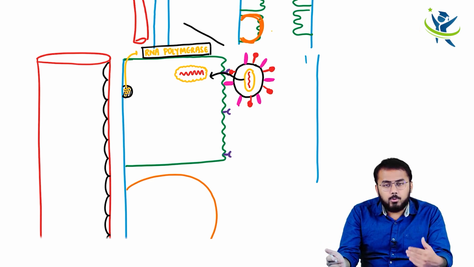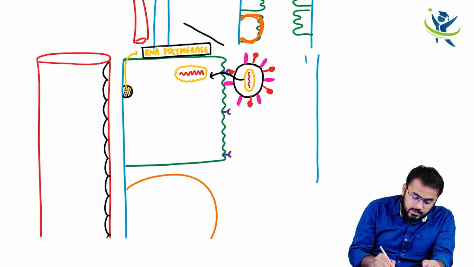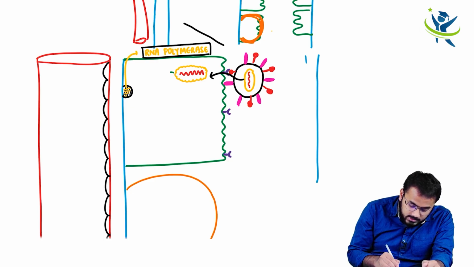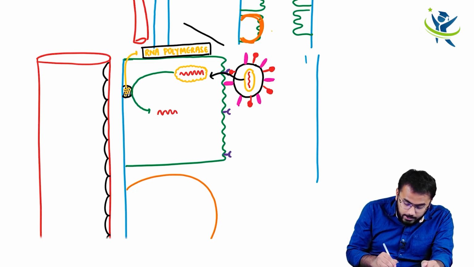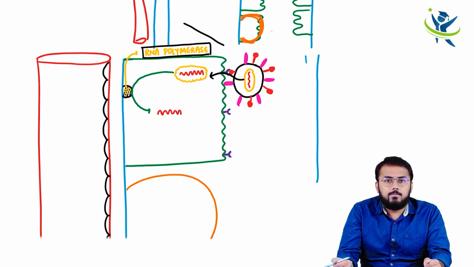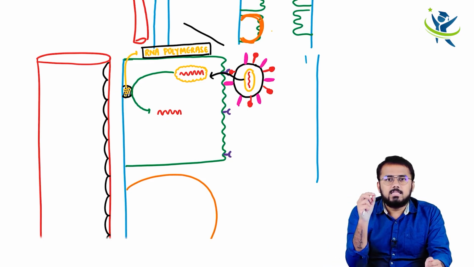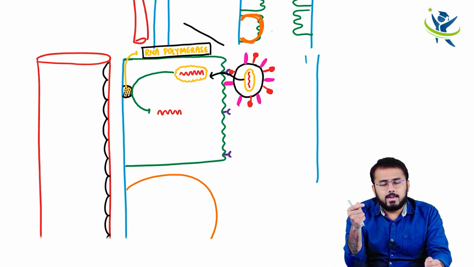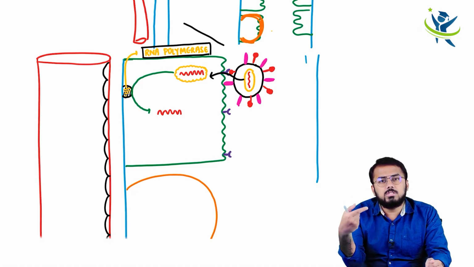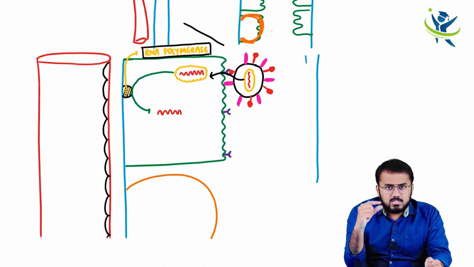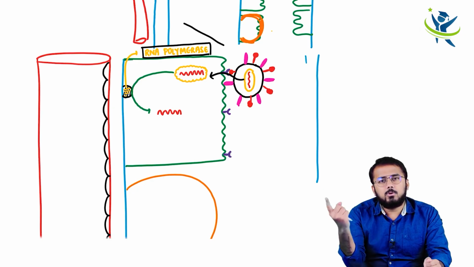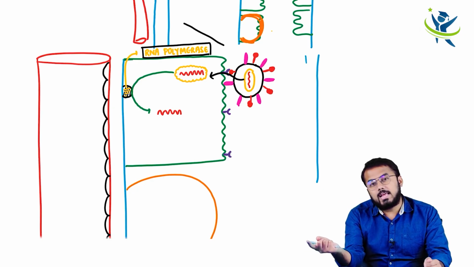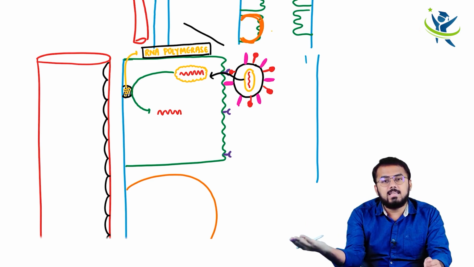Now this RNA polymerase will convert this single stranded negative sense RNA into single stranded positive sense RNA. Now once RNA is synthesized, the next process will be transcription or translation. Obviously it will be translation.